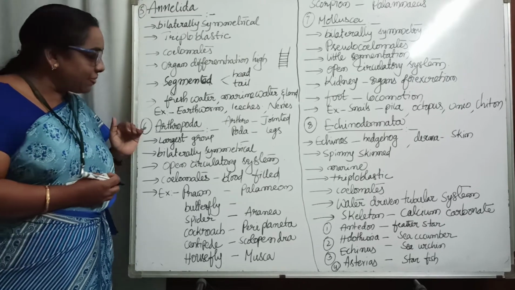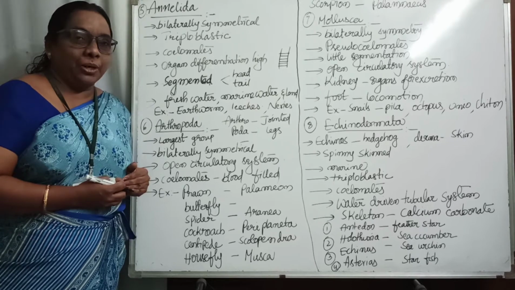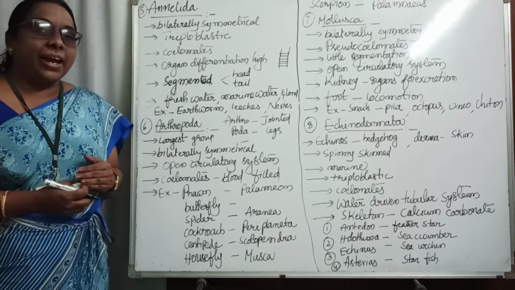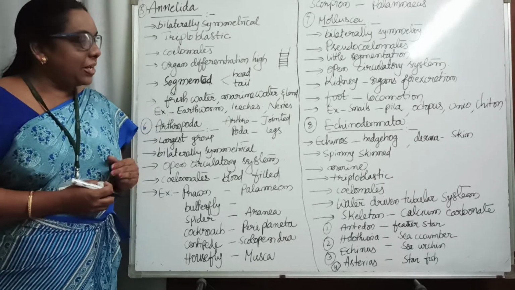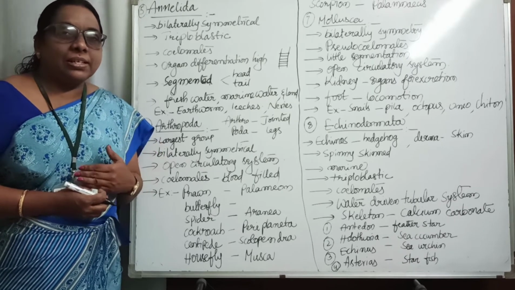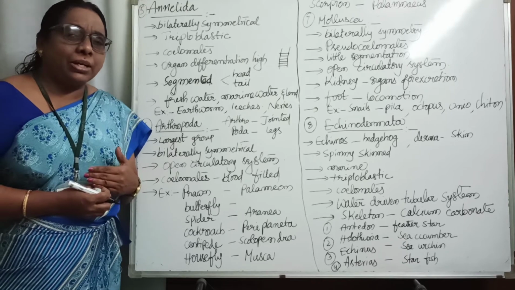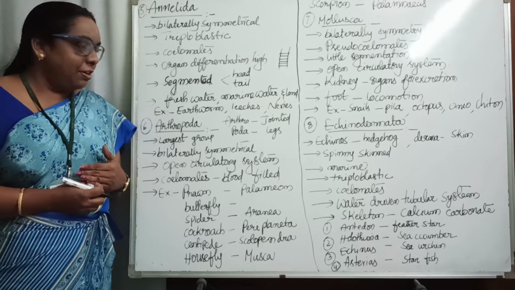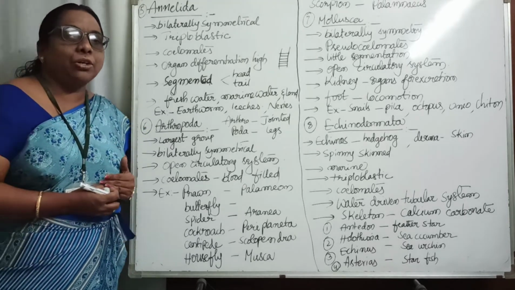Coming to the next phylum, the sixth phylum, Arthropoda. Out of these eight phyla, Arthropoda is the largest phylum. Many organisms come under this particular phylum. What is the meaning of Arthropoda?